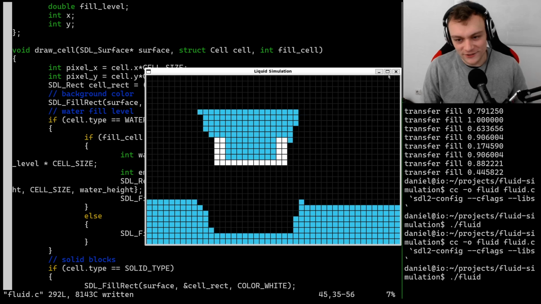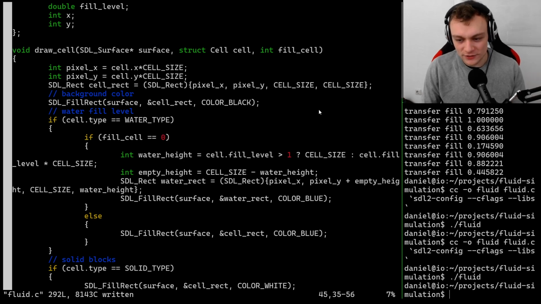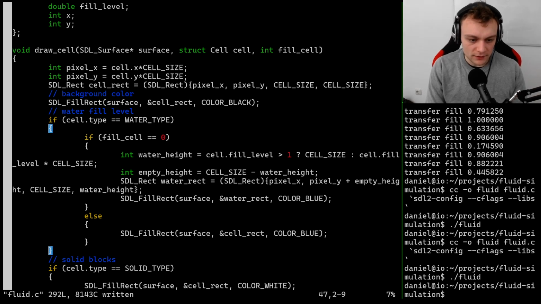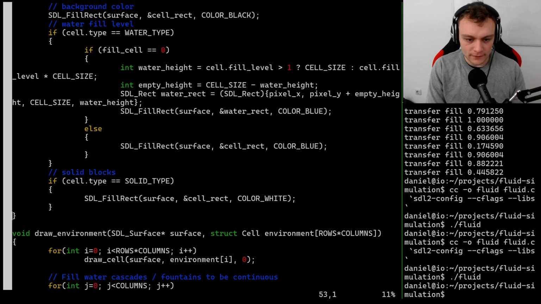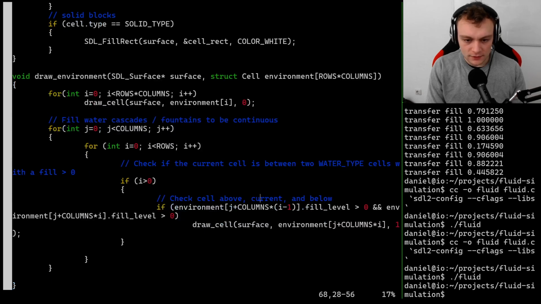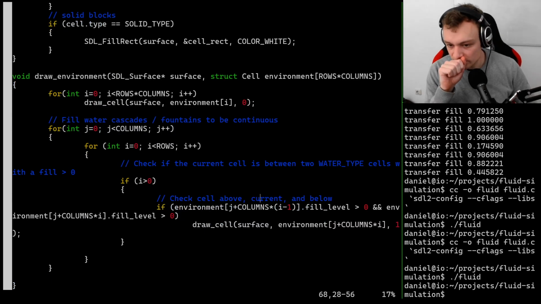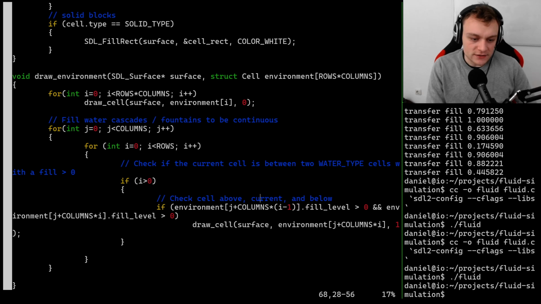No. That does not work. So the cell above must have a fill level that is bigger than 0. And the current cell must have a fill value that is bigger than 0.